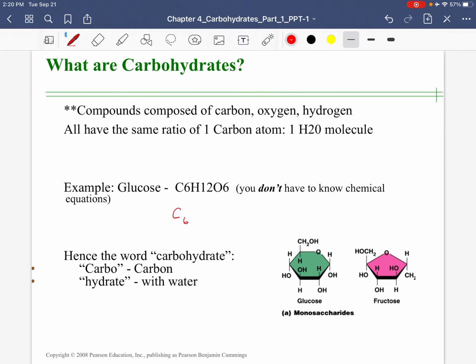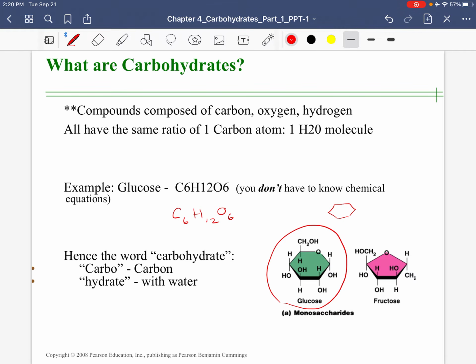Carbohydrates. Now, specifically, the carbohydrate chemical structure looks like this. Specifically, a carbohydrate, if we draw out the molecule, looks like this. Kind of has a hexagon, like a stop sign shape.